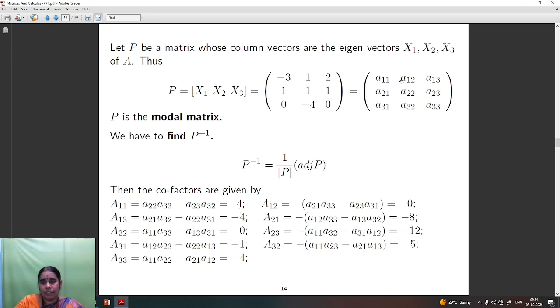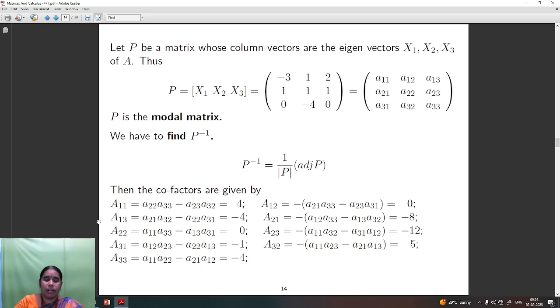Next, we calculate the cofactor for the element A12. For A12, we leave the first row and the second column and take the modulus of the remaining, which is A21 A33 minus A23 A31. On calculating, we have the answer as 0. In the same way, we have to calculate the cofactors for A11, 12, 13, 21, 22, 23, 31, 32, 33.